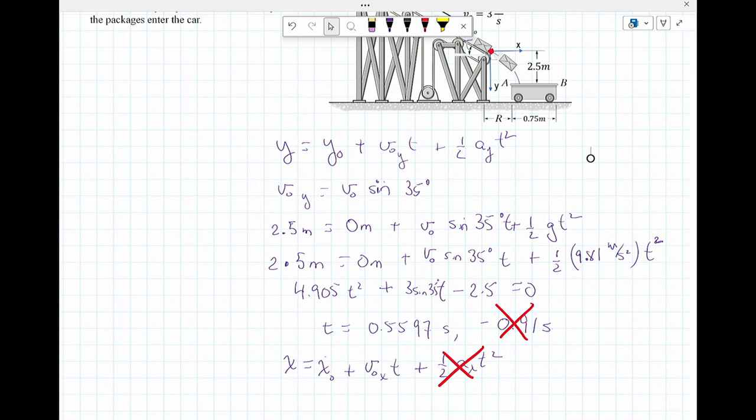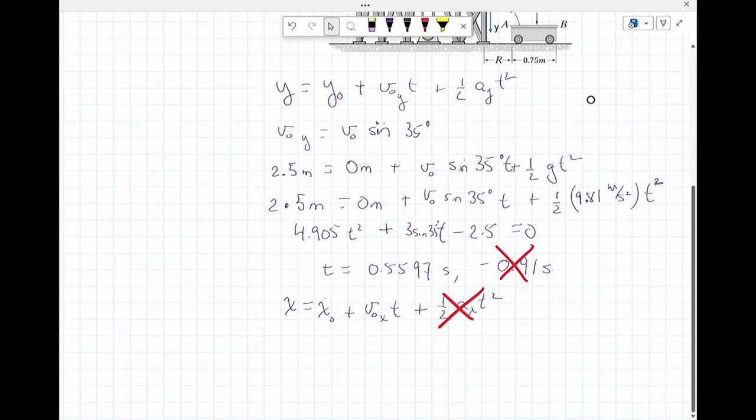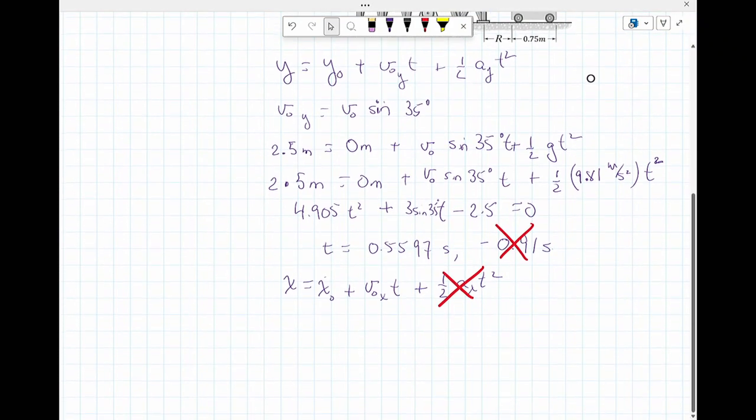All right, so x equals x naught plus v naught xt, and I'm just going to actually say r.